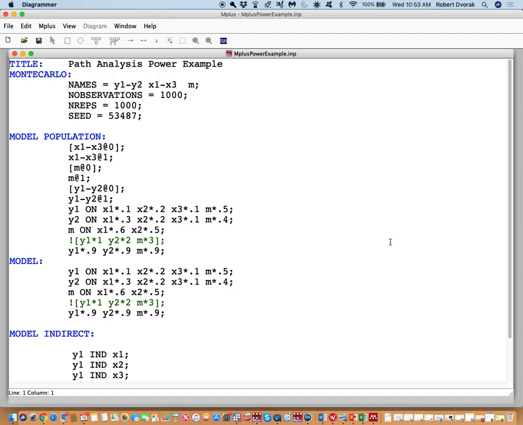In M+, you can do it all at once. You can run a single model that has all of these things input into it and test the number of people that you need to ensure you have the requisite sample size to not miss that effect if it's there.